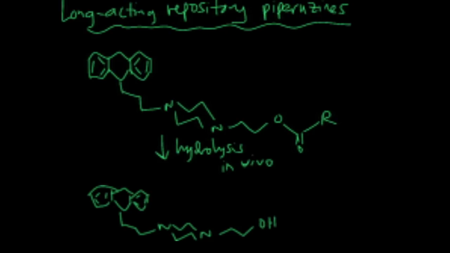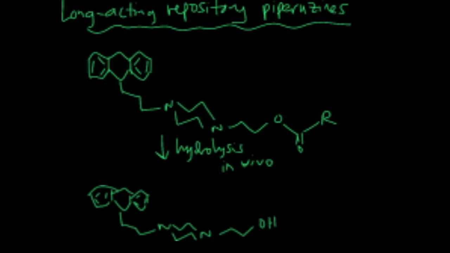So you can actually create an ester. And remember, in vivo or at the cellular level, esters are hydrolyzed to hydroxyl groups. So here's your ester group. These esters are lipophilic enough to be stored in fatty tissues, and upon fatty tissue degradation, they're slowly leached out over time.